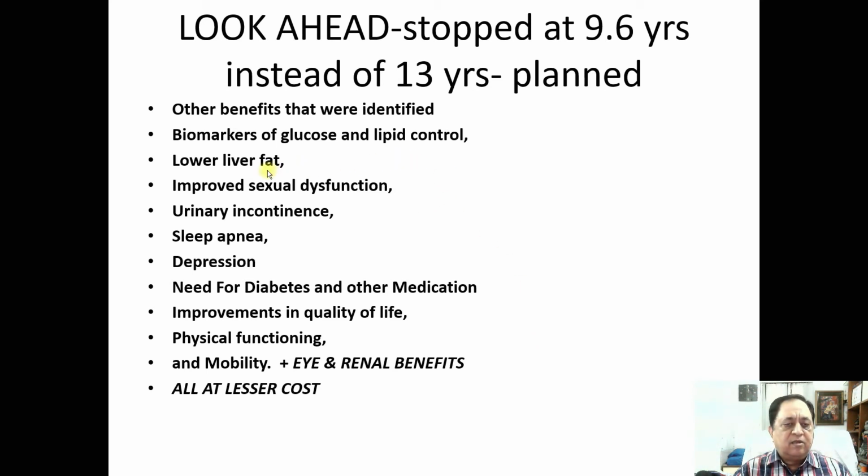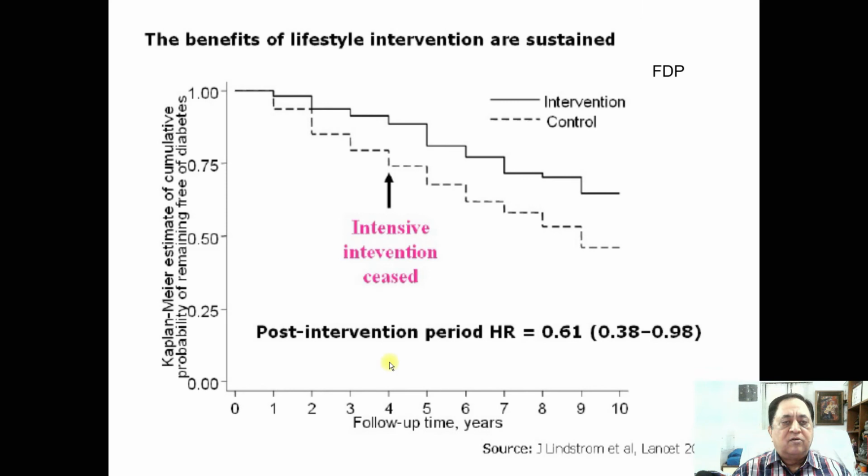We know that liver fat reduced, sexual dysfunction improved, urinary continence, sleep apnea, depression, need for other diabetes medication were all seen to be favorable with intensive lifestyle intervention, improving quality of life, physical functioning, mobility, and renal benefits and eye benefits and reflexes, agility, everything was found to be better in the patients who were in the group of intensive lifestyle intervention, and all was achieved at a much lesser cost. So you just cannot ignore the benefits of exercise over a long-term period.